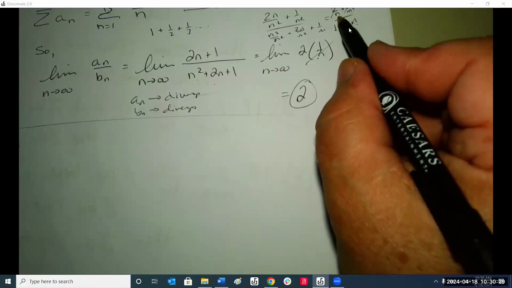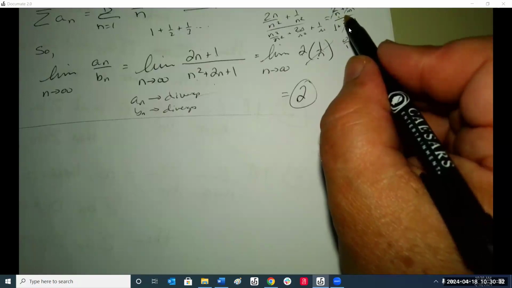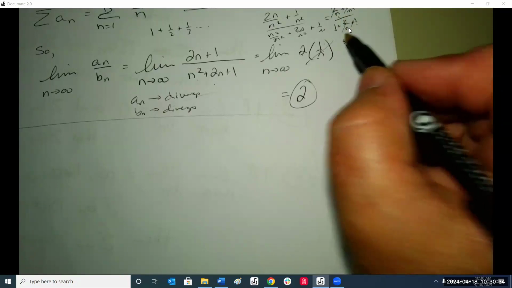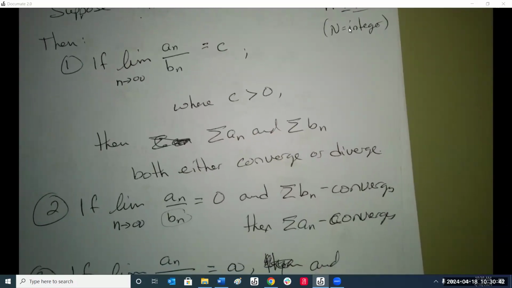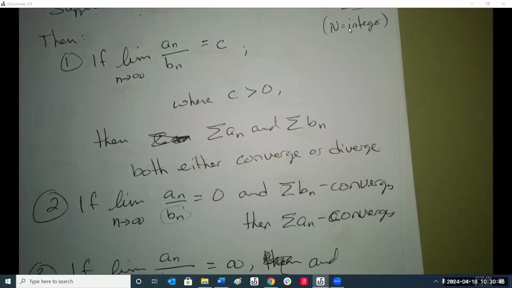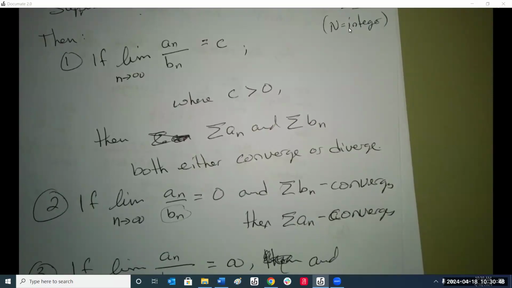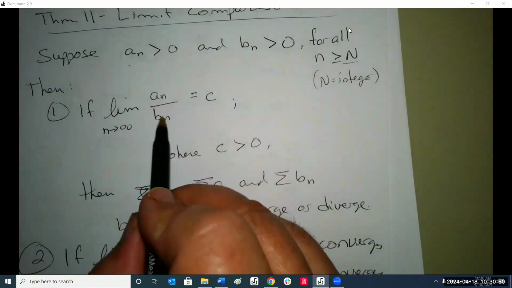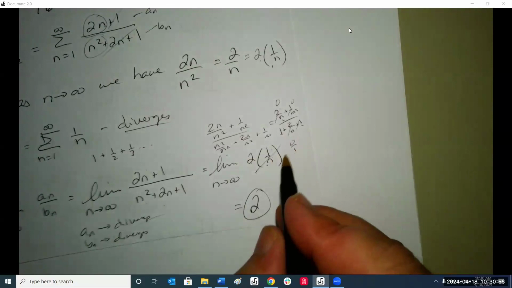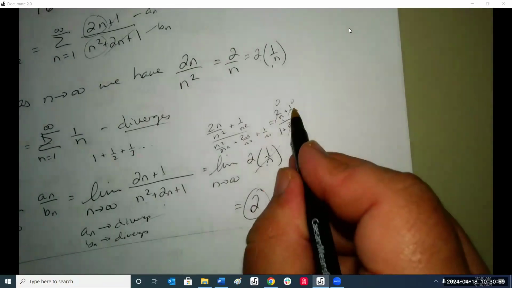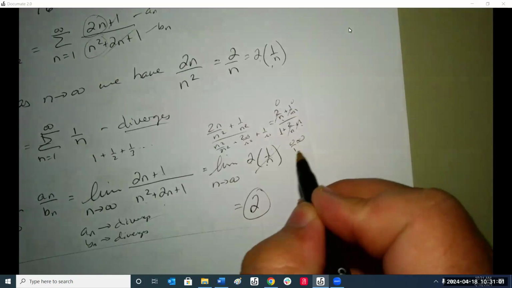So I have 2 over n. Okay, that's what I said. So in our case, we just did the limit, and we get 0. So 0 over 1 is 0. That's the limit. And c is not greater than 0.